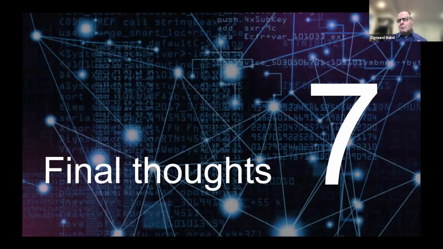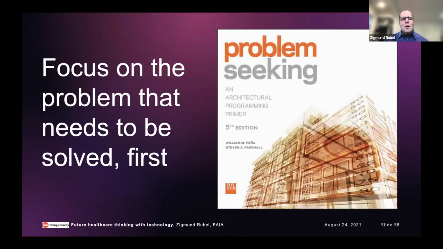And I just want to wrap up. So I hope the main message that you got from the presentation is that we need to focus on the problem that needs to be solved first. And I really like this book from AIA, written by Bill Pena and Steve Parshall. I think originally it might have been from CRS, but it really talks about the role of programming and problem seeking.